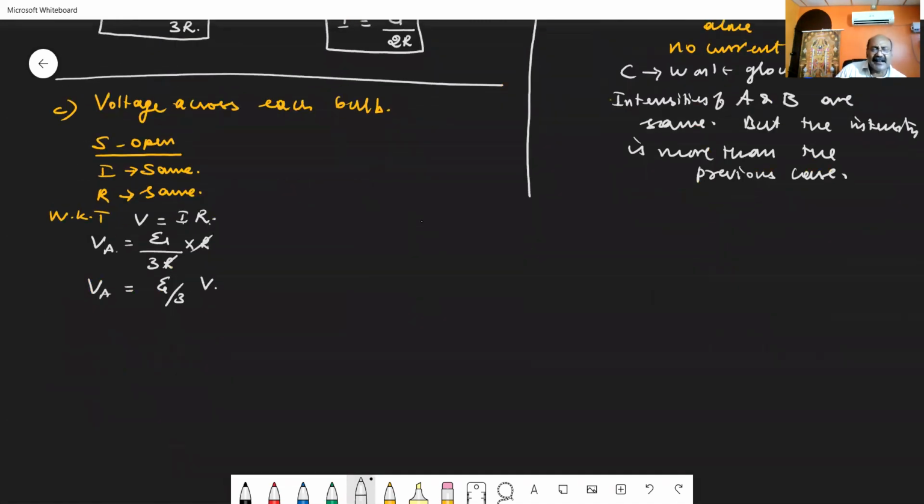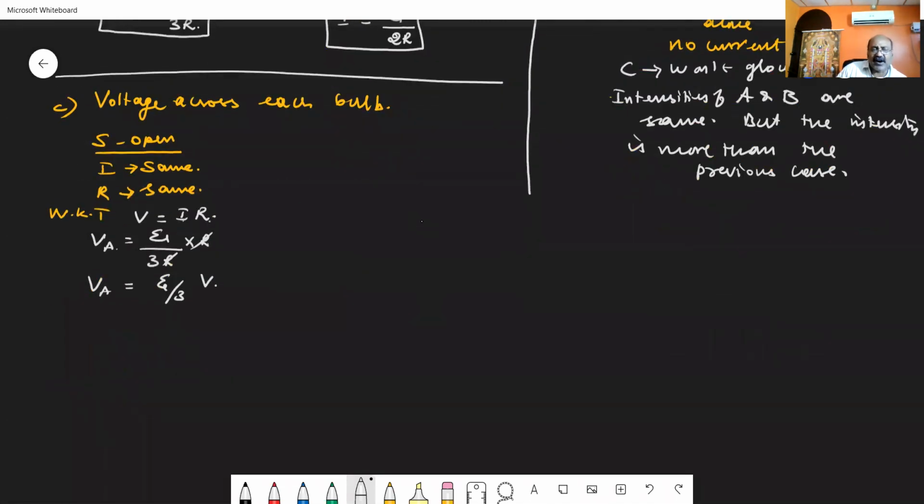Similarly, the voltage across B is the current through B times the resistance of B. The current through B is the same, E divided by 3R, into R. So the voltage across B is E divided by 3.